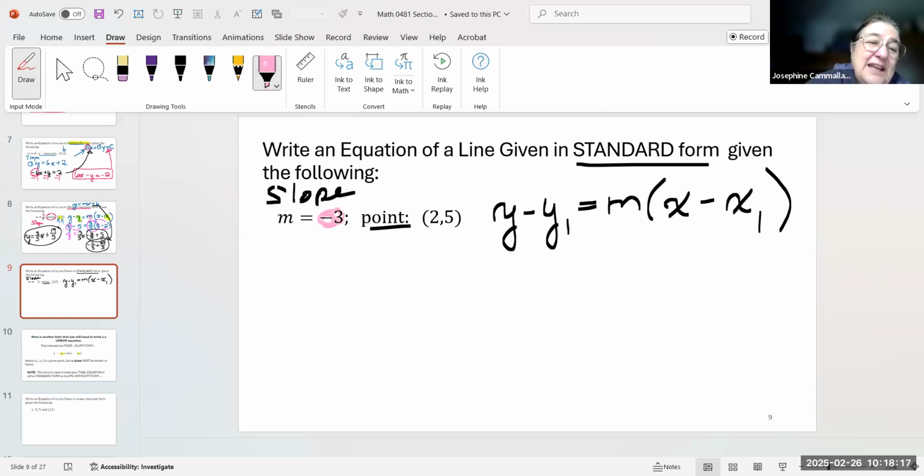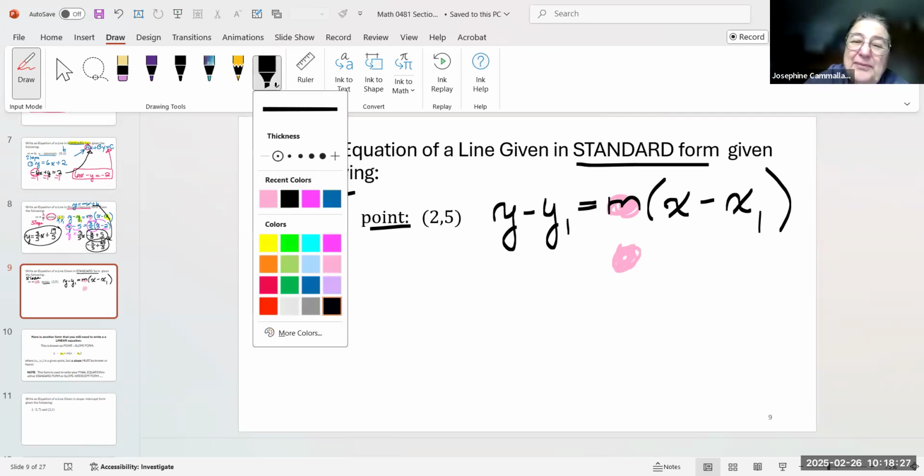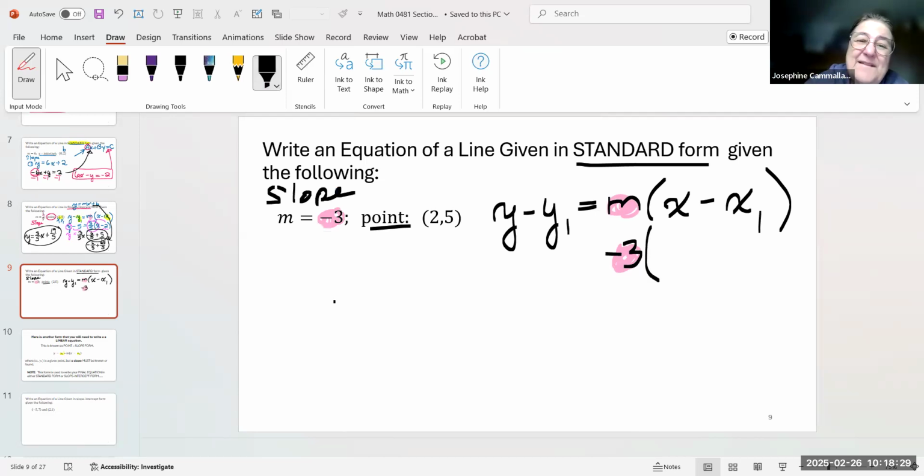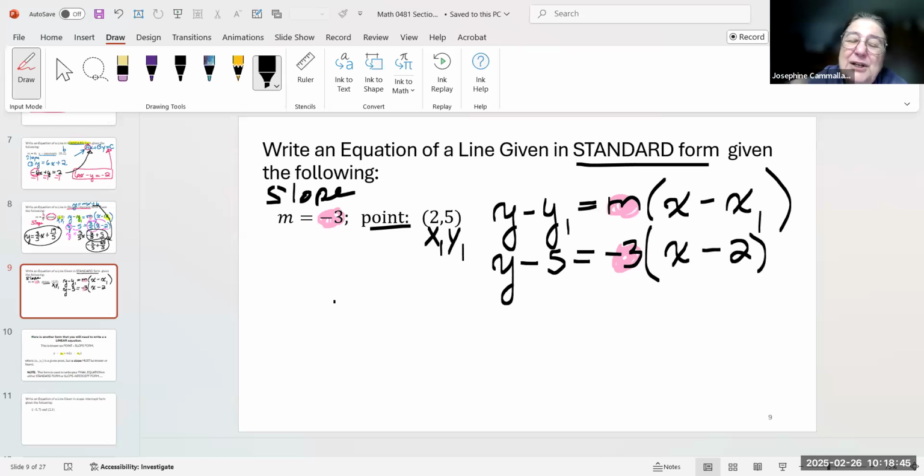I know that this -3 is my slope. Not a problem. I'm going to put it right here. This is my x1, y1, which means this is y minus 5 equals -3 times x minus 2.